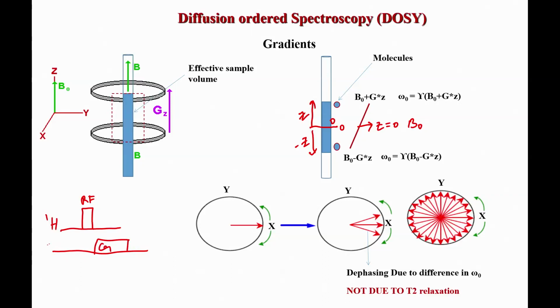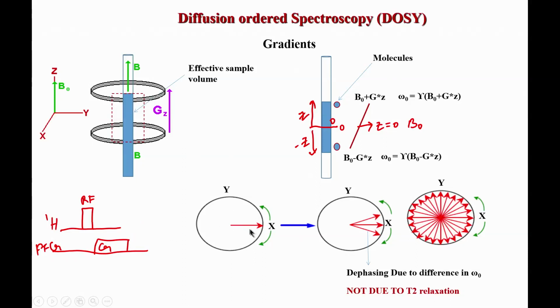Gradients are typically shown like this, and we call it PFG, pulsed field gradient. Let us say we apply it after the RF pulse. When you apply the 90 degree RF pulse, the magnetization is in the XY plane. Now I apply this gradient.